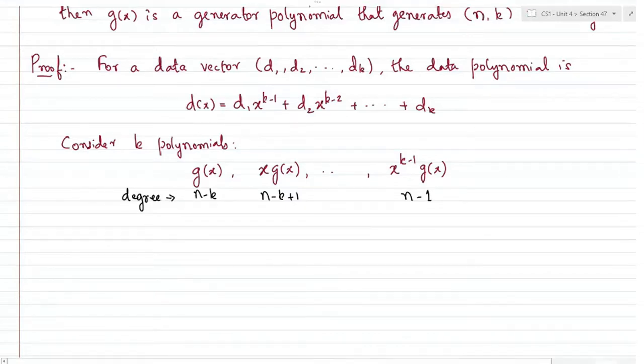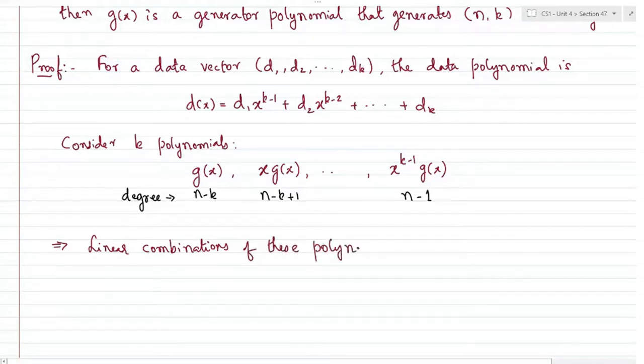Okay, hence if we take linear combinations of these polynomials, I take d1 times x power k minus 1 times g of x. So this would be the linear combination of the data vector.